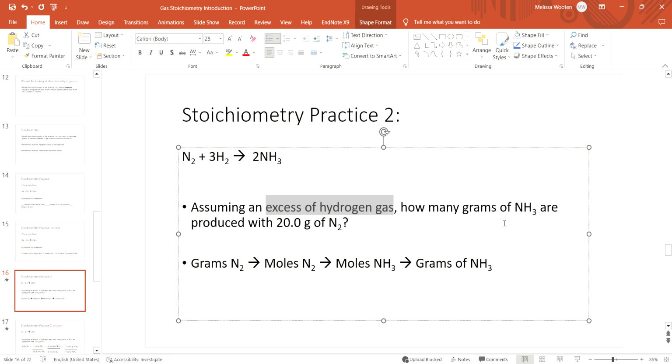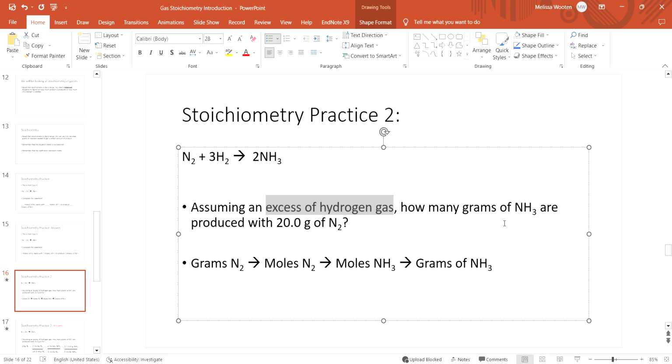The limiting reactant is what determines how much of a reaction yield you'll have, because you're going to run out of your limiting reactant first. It's like if you're making chocolate chip cookies, and let's simplify the recipe and say you just need chocolate chips and flour. If I only have 1 bag of chocolate chips and 10 bags of flour, I have to use the fact that I only have 1 bag of chocolate chips to determine how many cookies I make, right? Because if I run out of chocolate chips, they're not chocolate chip cookies anymore. So that's the idea of the limiting reactant.